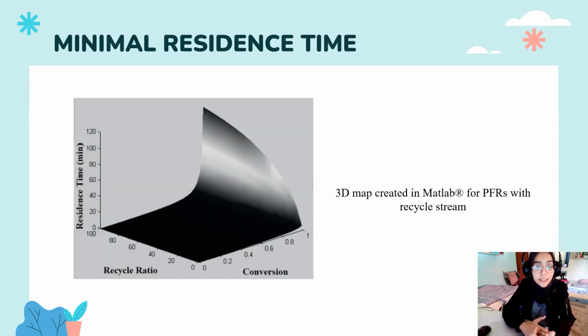The statement is supported with the 3D illustration created in MATLAB by Silva et al. 2017. As illustrated there, the undesirable condition for biodiesel production in a PFR is shown in the light area on the left side, and it happens due to the extended residence time required for high ester conversion.